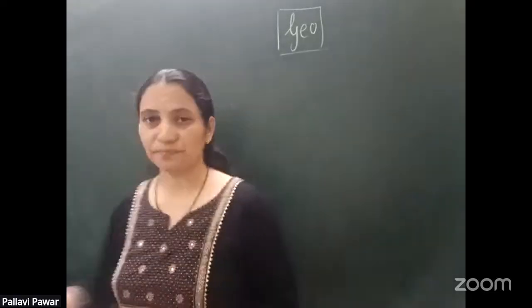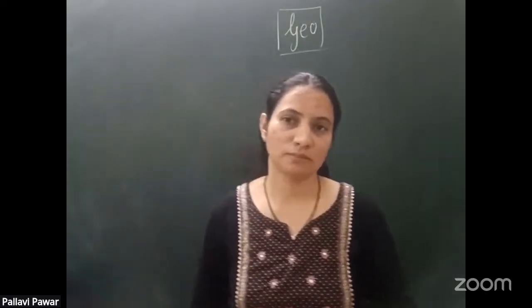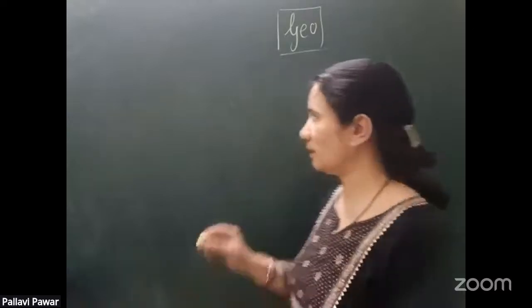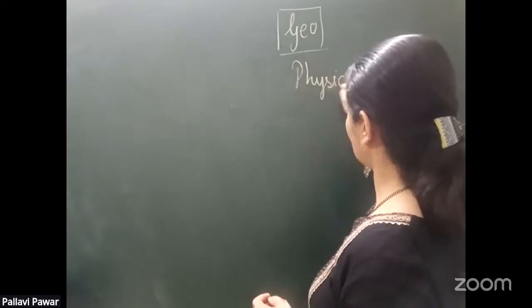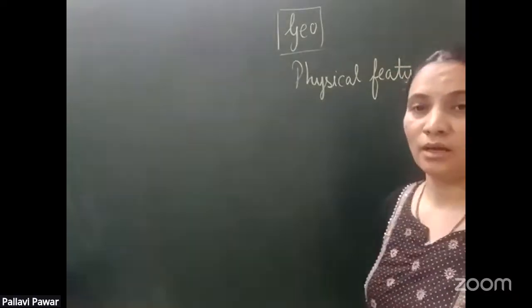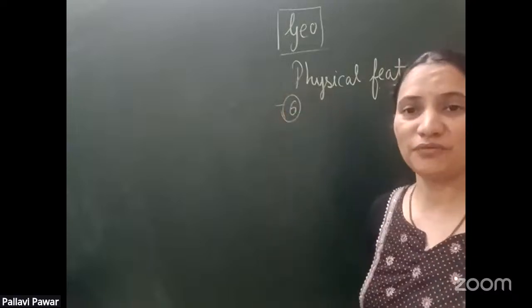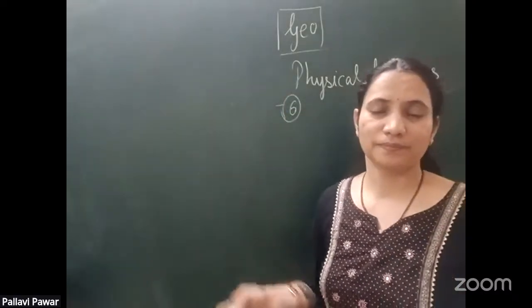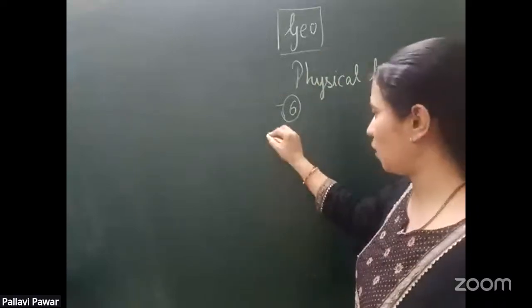Plains, plateaus and mountains. See, actually here in total we have 6 physical features. Okay, so we'll start from the mountain region.